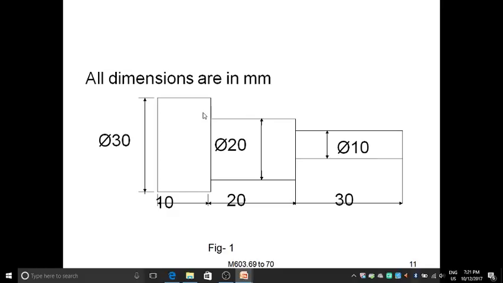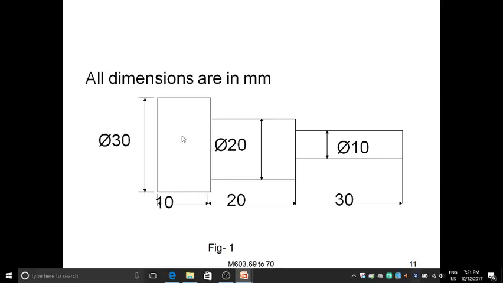It is circular in cross section, because a diameter is mentioned. For a length of 10 millimeters it has 30 mm diameter, for a length of 20 millimeters its diameter is 20 millimeters, and for a length of 30 mm its diameter is 10 millimeters.